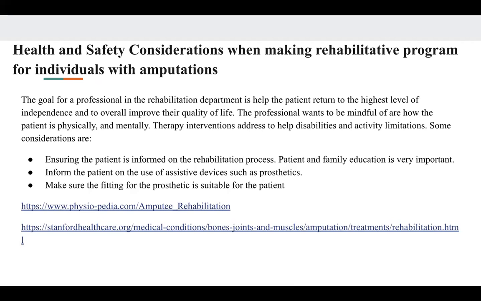Also, you want to make sure that the patients are informed on assistive devices such as prosthetics. And if they do decide to use prosthetics, you want to make sure that the prosthetics are fit properly for that patient. Because the overall goal of the rehab department is to make sure that the patient can regain their level of independence and improve their quality of life.